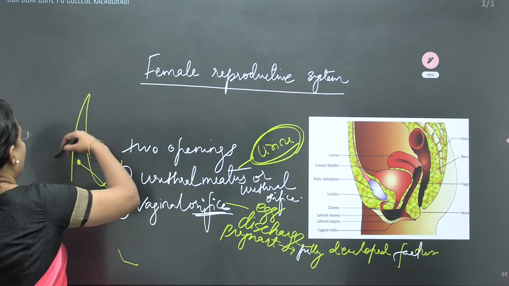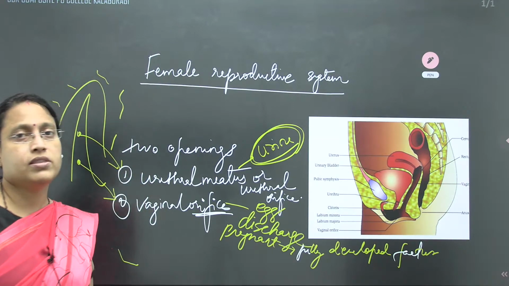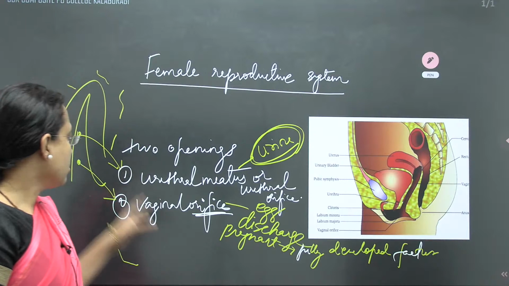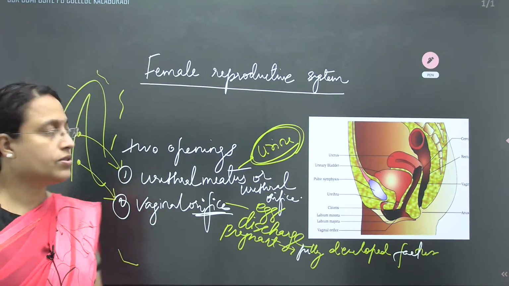Then of course what I have completed is the majora and the mons pubis. So these are the two openings and their functions.